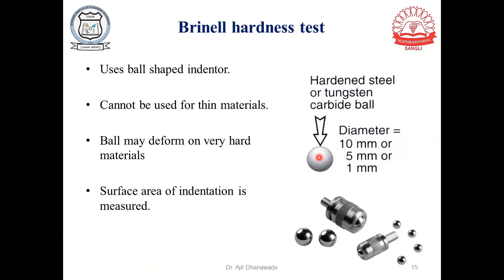That means if you take a small sheet of metal to check the hardness, you cannot carry out a Brinell hardness test on that sheet. It is not made for thin materials. This particular test is designed for thick materials, thick components.